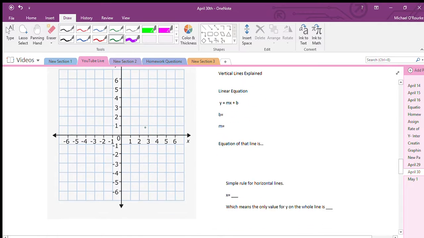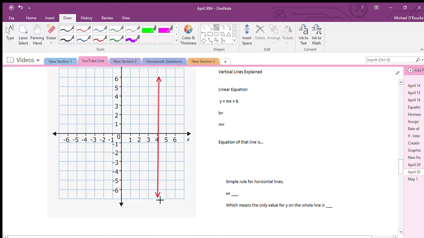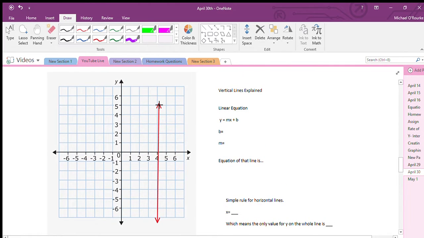So that's horizontal, and on the flip side, we have a vertical line. So let's make a vertical line here, right along 4. As best I can. There we go.